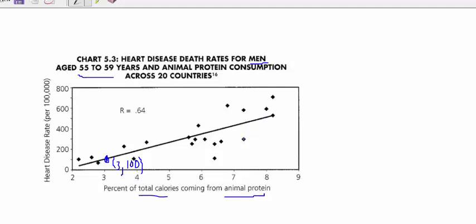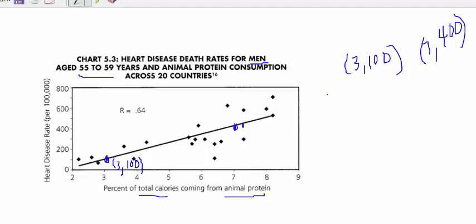I could take one on the line and say, let's take one that's 7 and 400. So I've got the 2 points, 3, 100, and then 7, 400. Then I could calculate the slope, and then I would be able to write the equation of a line.